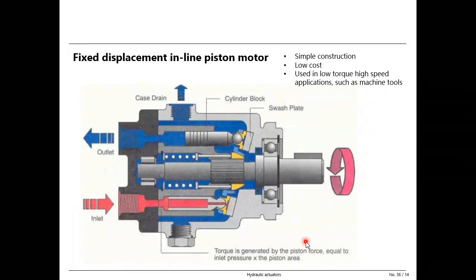Another hydraulic rotary actuator or hydraulic motor is the fixed displacement inline piston motor. This is a piston. You see here the piston, so it is turning like this, and the shaft is turning. If the pistons move up and down like in an internal combustion engine, it creates a rotary motion.